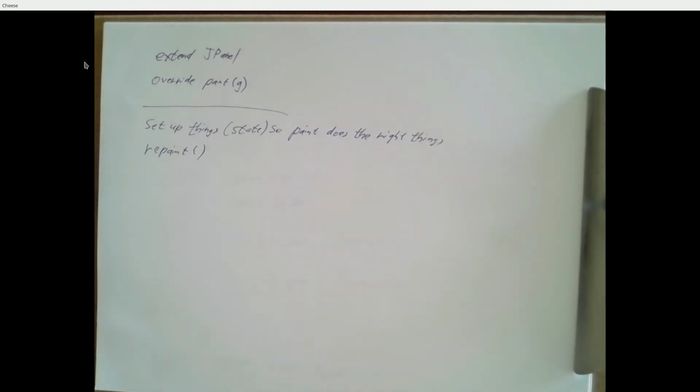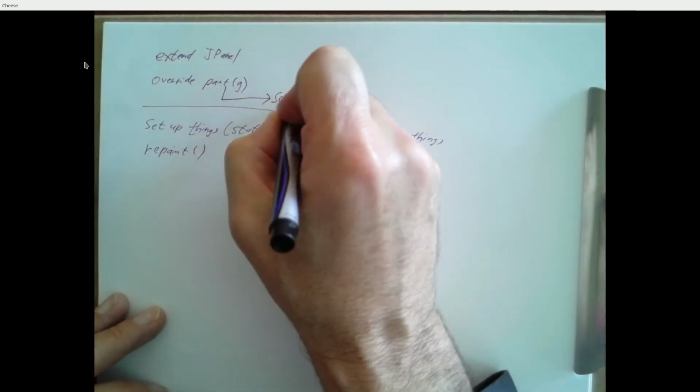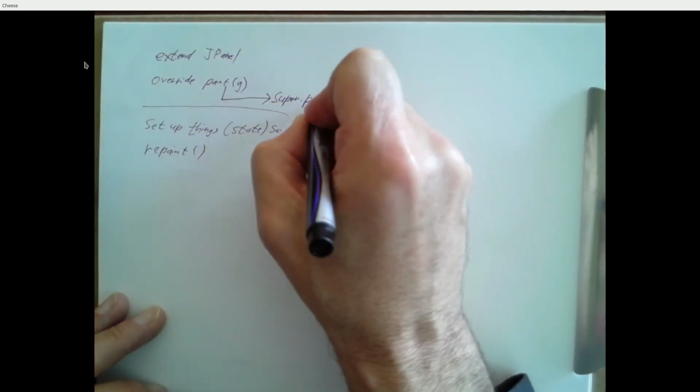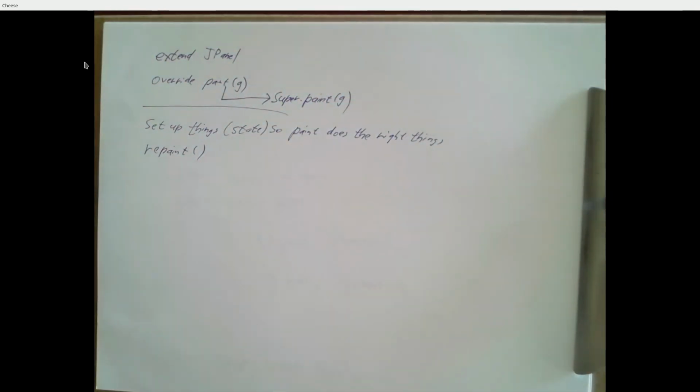The preparation is extend the component that you're going to do your drawing on so that you can make your own paint method. And inside your paint method, usually you want to call your superclass paint to do all the stuff it used to do, but then do your own thing. And then when you want painting to occur, set things up so that the paint method will do the right thing and call repaint.